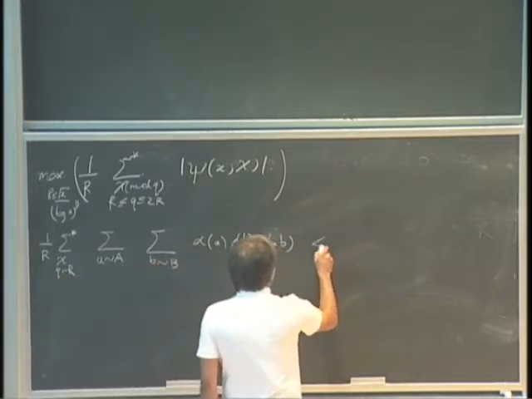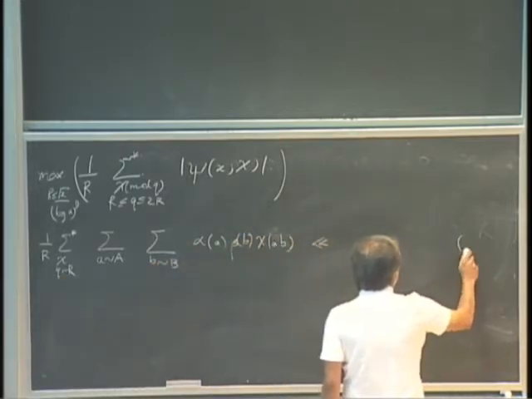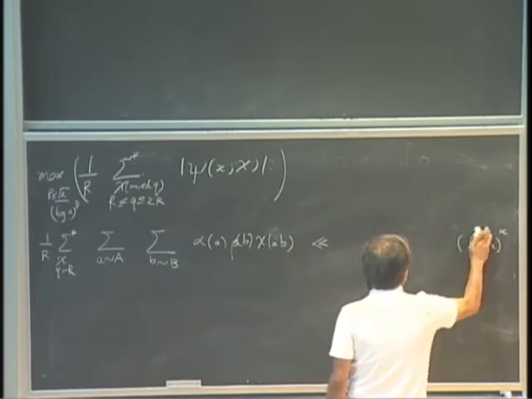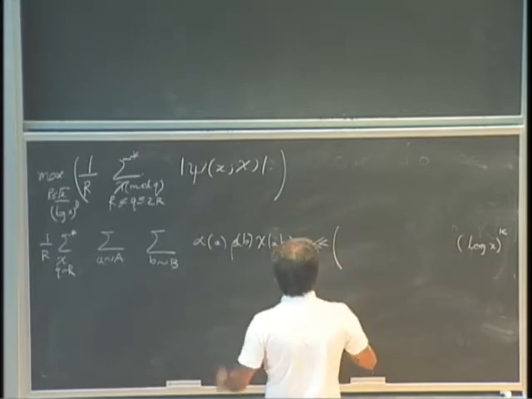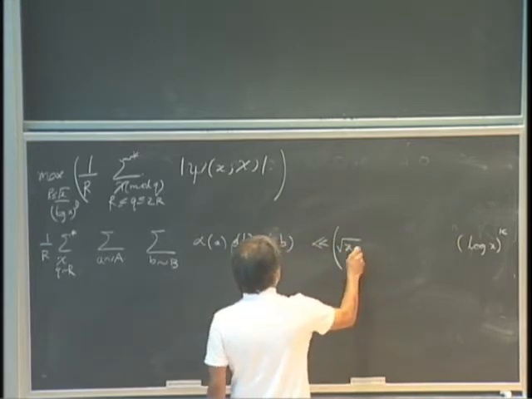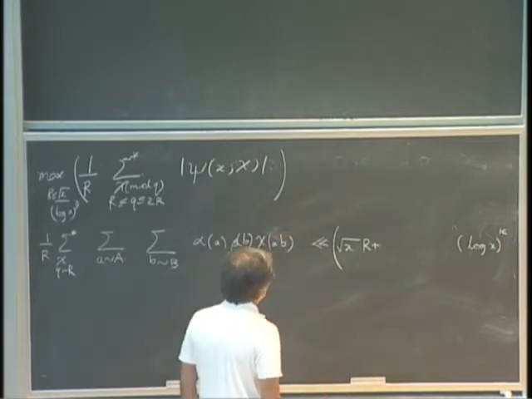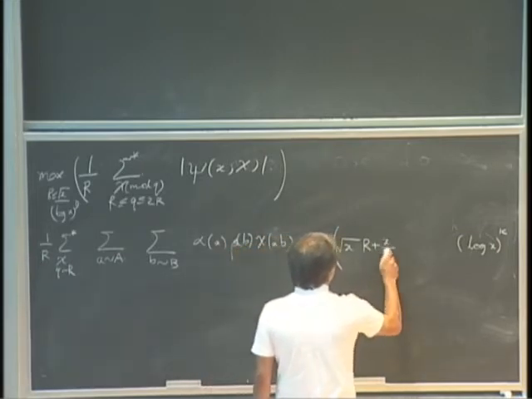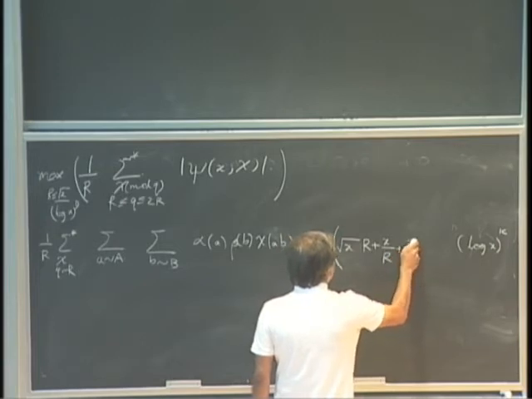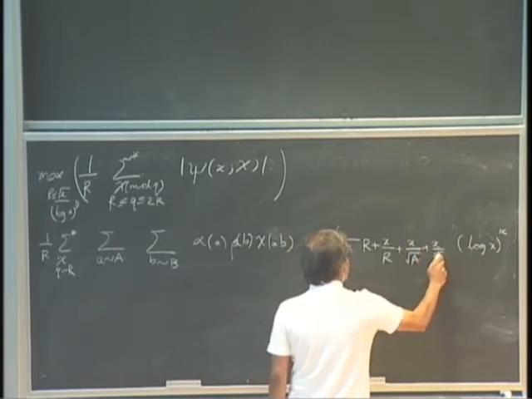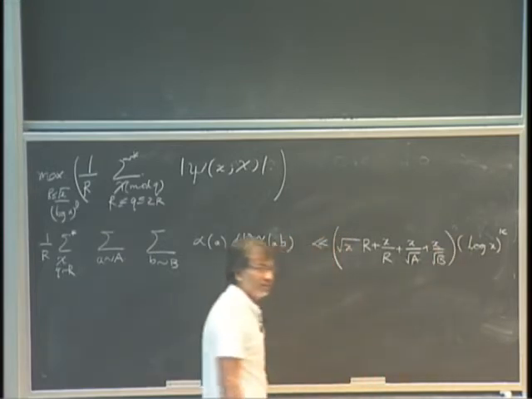We proved that this was bounded by something like, give or take some powers of log, some power k, and then a bound which was something like square root of xr plus maybe x over r plus something like x over root a plus x over root b. Right?